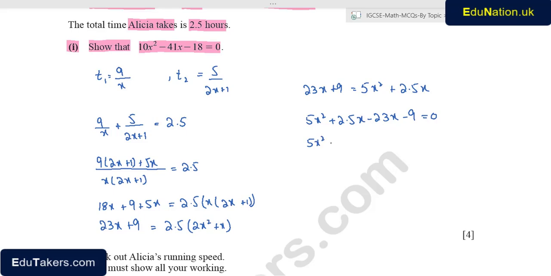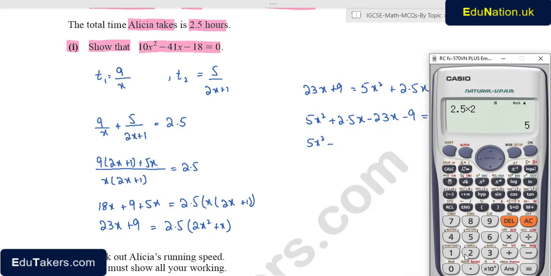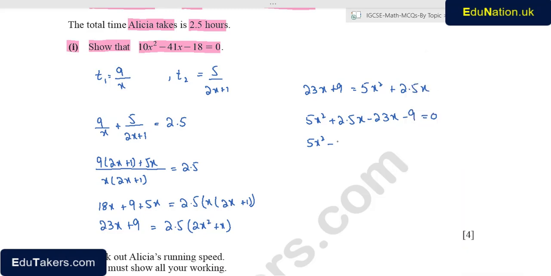So 5x squared, and this will be 2.5 minus 23 is minus 20.5x, minus 9 is equal to 0. Now multiplying this whole equation by 2, we will get 10x squared minus 41x minus 9 times 2 is 18. This is equal to 0, and hence proved.